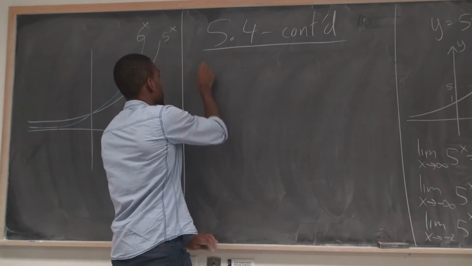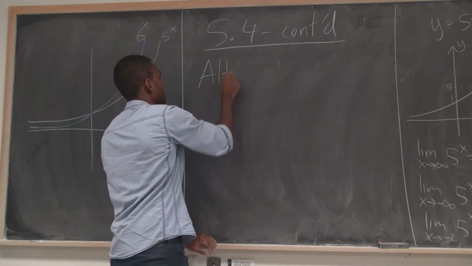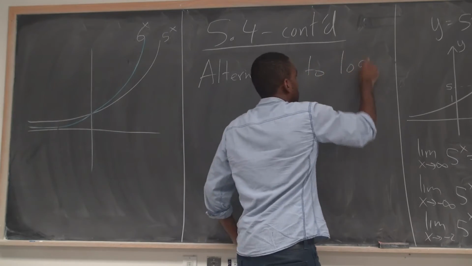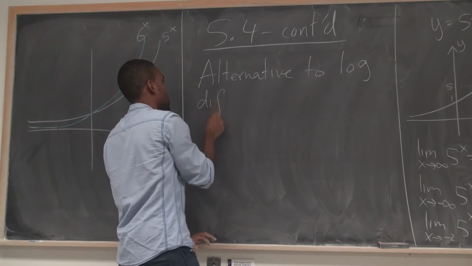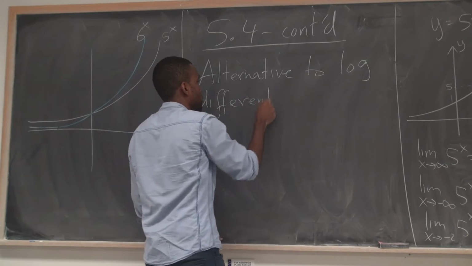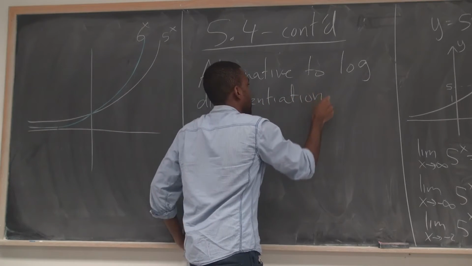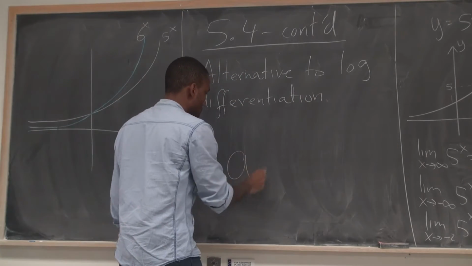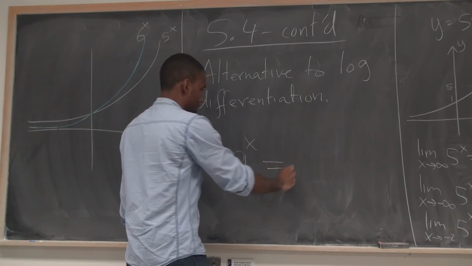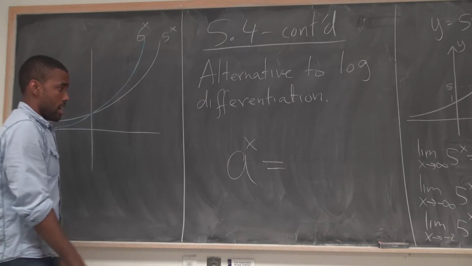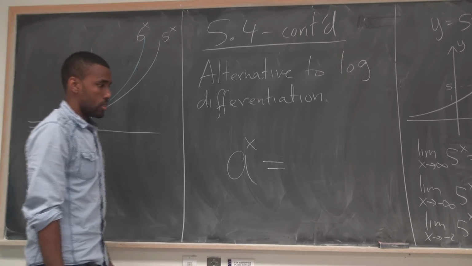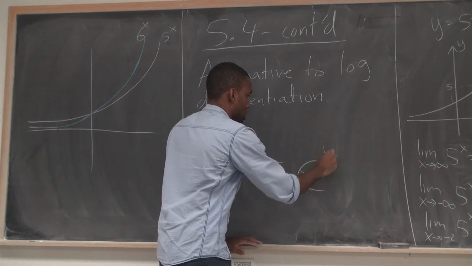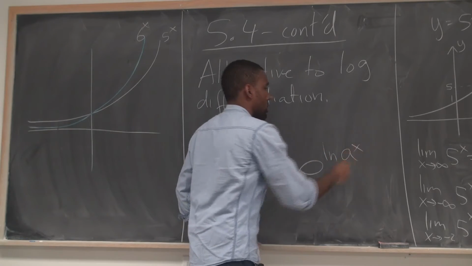Now, something else I wanted to show you, an alternative to log differentiation. I promised I'd show you an alternative. And it uses the following rule, which we covered last time. A to the x, if I want to write that as base e, how does that look? e to the ln of a to the x.